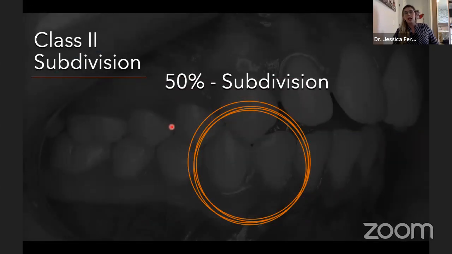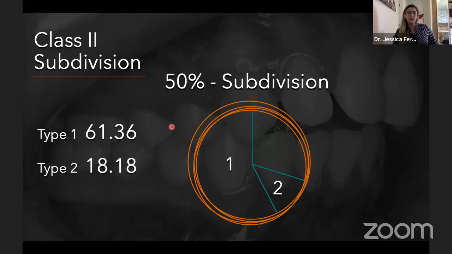So of these 50% subdivisions, the type 1 is the primary cause. So the distal positioning of the mandibular first molar is the primary cause of the class 2 malocclusion, with 61.36%.